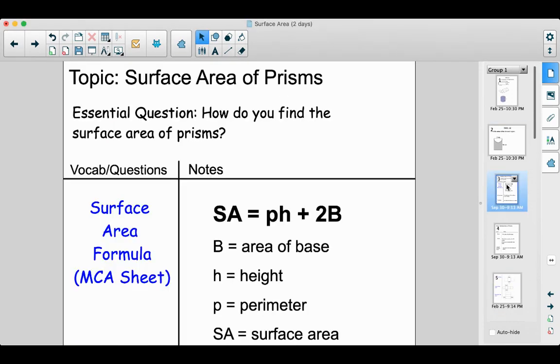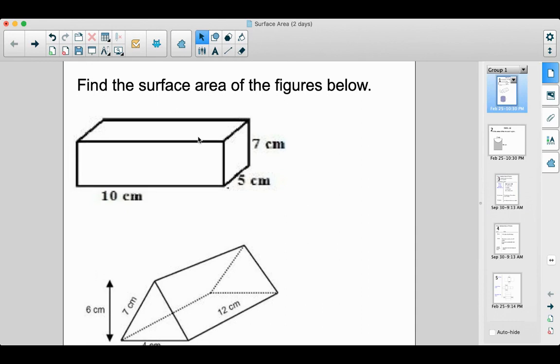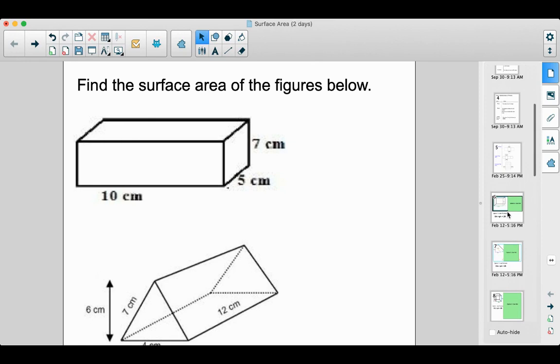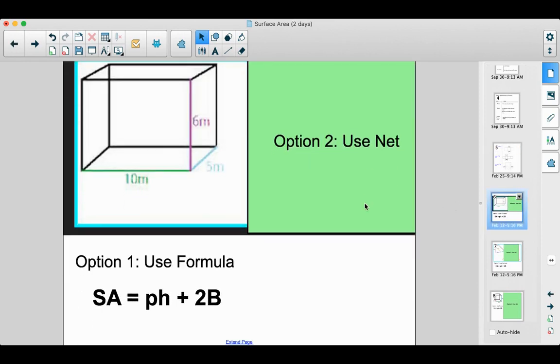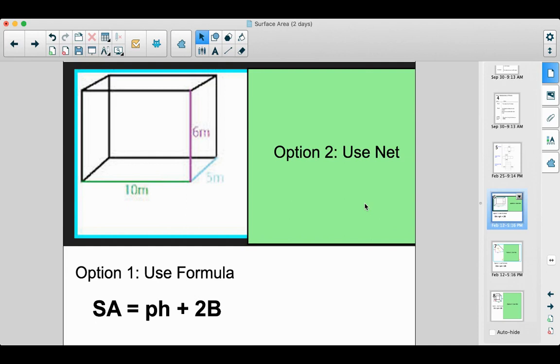If we look back at a picture of a rectangular prism, hopefully you can picture unfolding it, and you have the top, bottom, back, front, left, and right. So 6 sides, all of them are going to be rectangles. All right, so let's calculate some surface area.